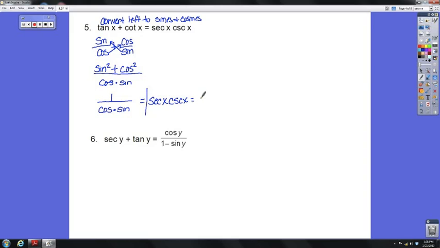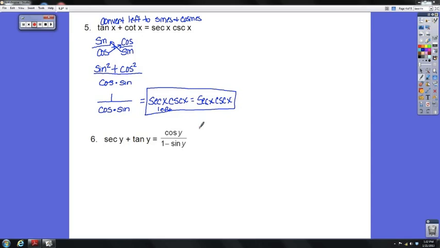So that equals secant of x, cosecant of x, which was the right-hand side, which I did not have to simplify.